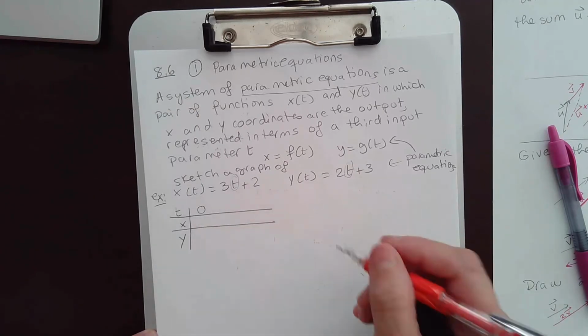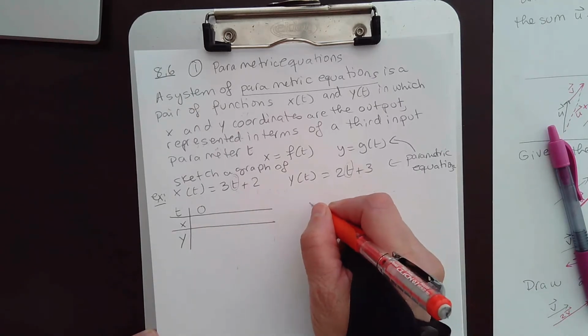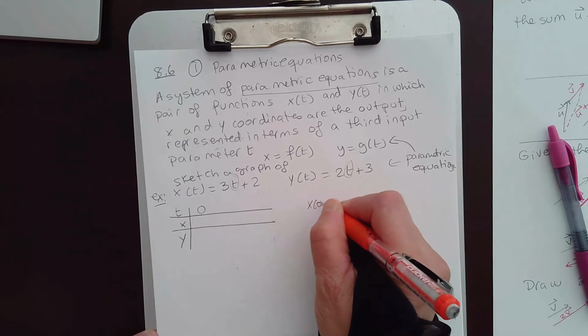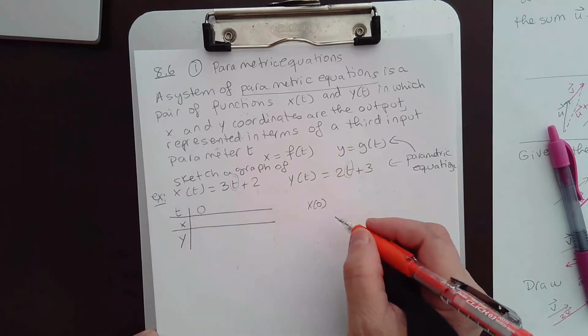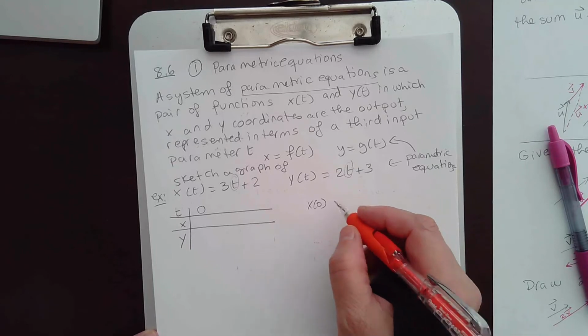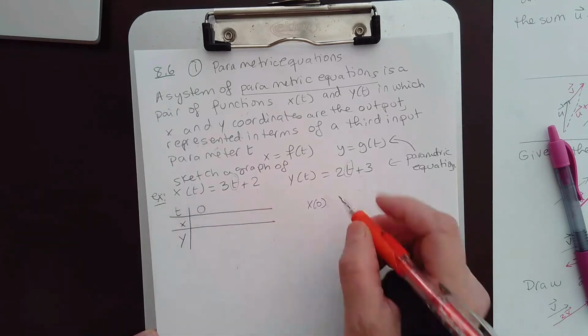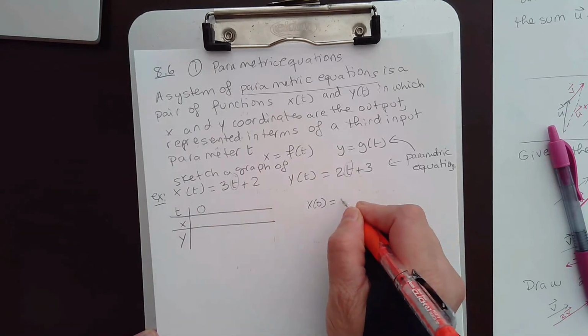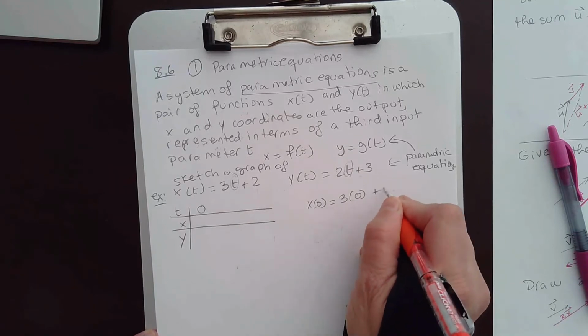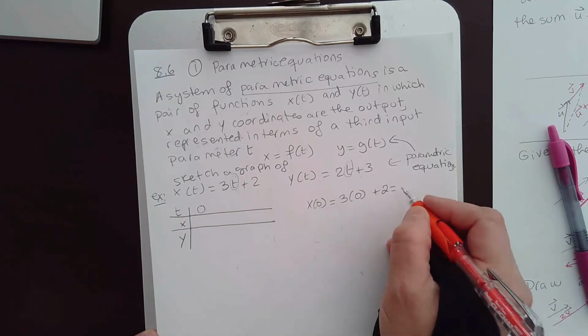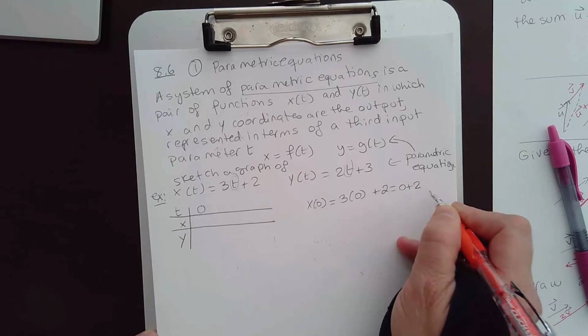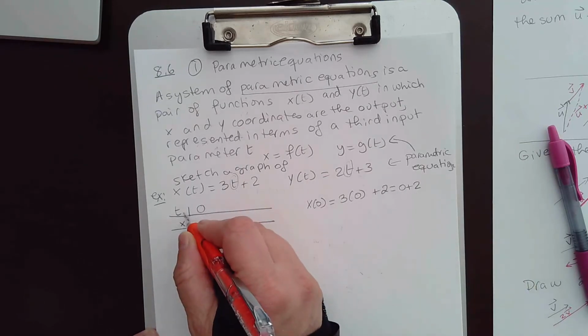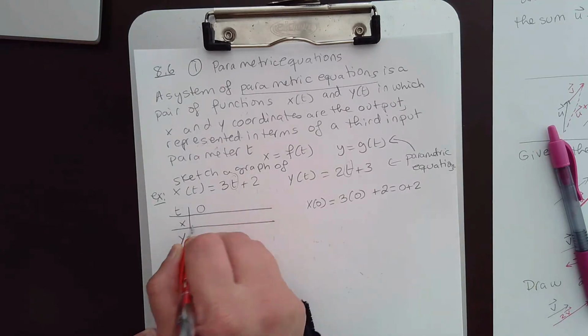All right. So we have x(0), what is it? We plug in 0 for t to get the value of x. So that's 3 times 0 plus 2. 3 times 0 is 0, plus 2, which is simply 2. So when t is 0, x is 2.